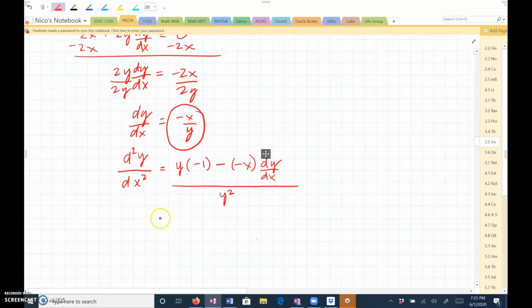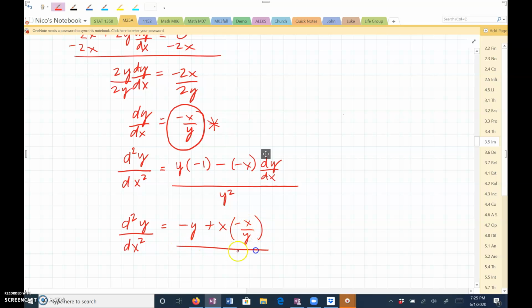So let's try to simplify this a little bit. The second derivative is going to be negative y plus x, and I'm going to replace dy/dx with this negative x over y, all over y squared.